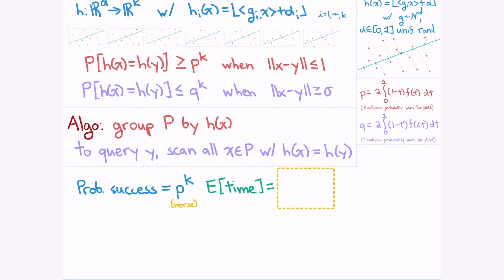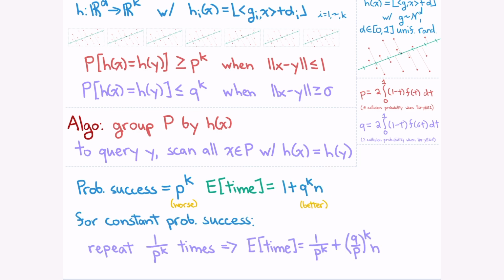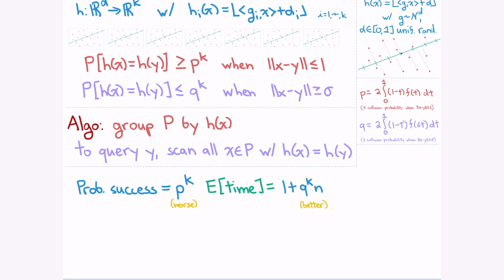And as we mentioned, the probability of success is now p to the k, so that's actually worse, right? So the odds of actually getting the collision we want has gone down. On the other hand, the running time also gets better, because with q to the k we're basically improving the odds.